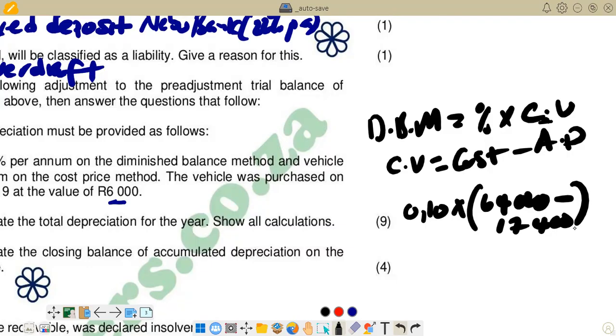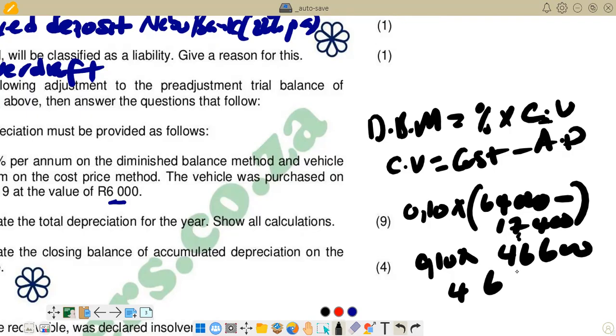When you calculate 64,000 minus 17,400, you are going to get 46,600. Then you multiply it by 10%, you get 4,660. So this is the depreciation for equipment.